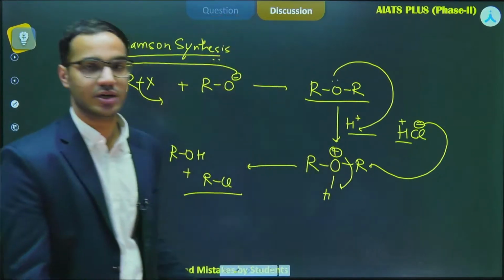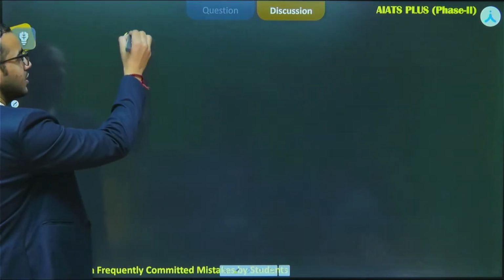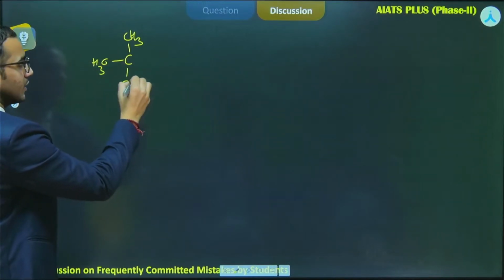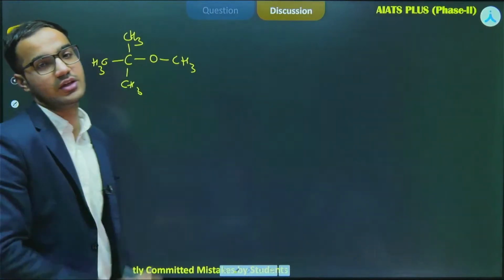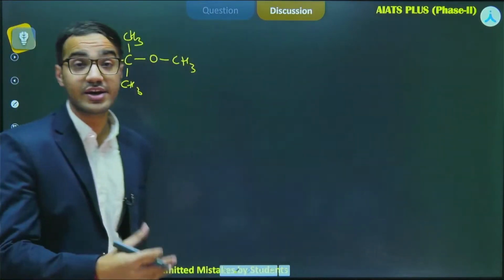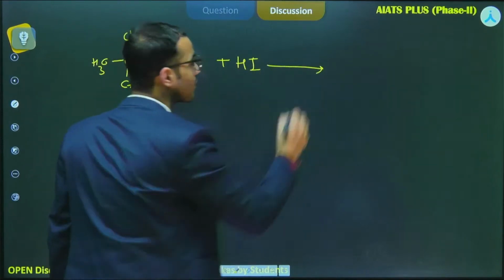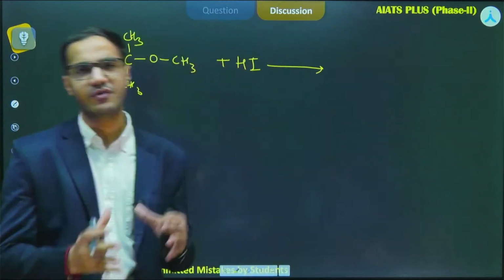Imagine, let us say you have a substrate like this, CH3, oxygen and CH3. Let us say you have this ether and you are reacting with HI. What are the major products that will be formed? We will discuss it now.